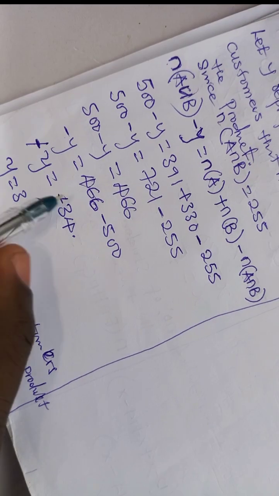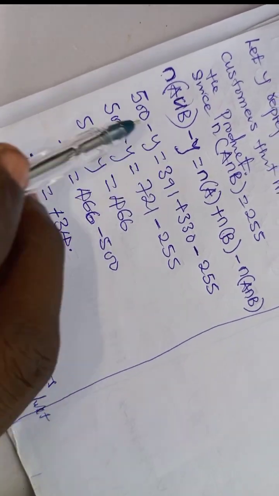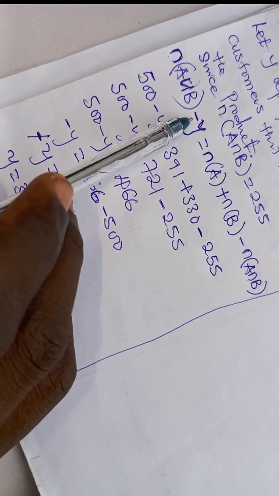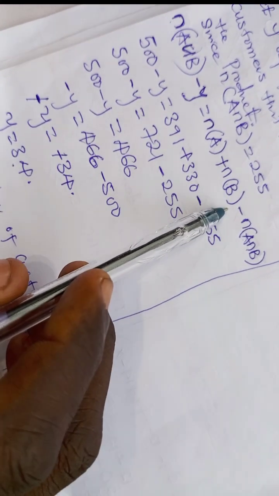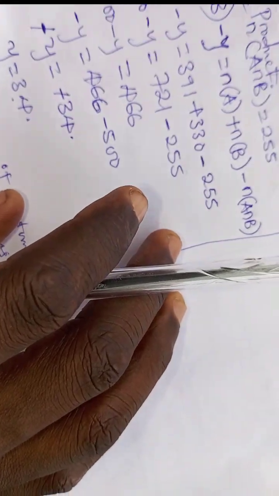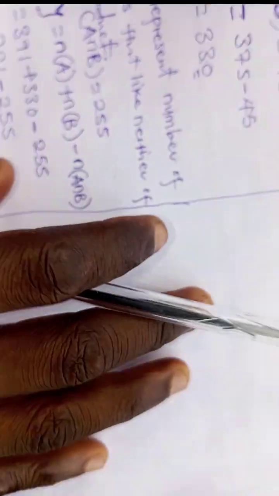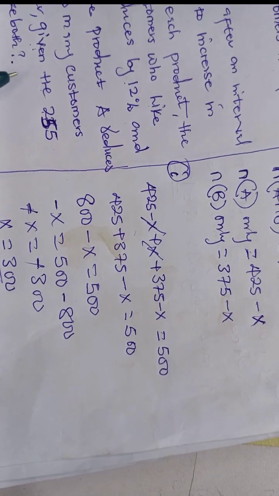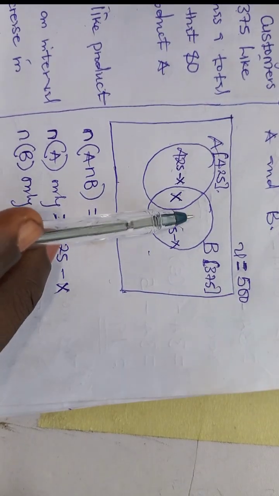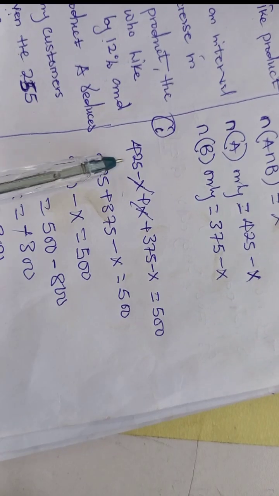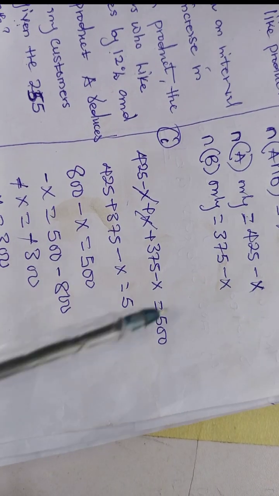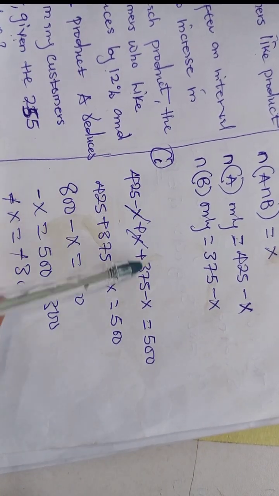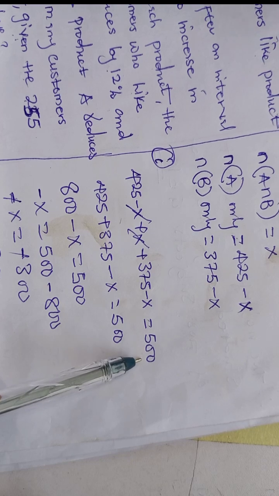So if I substitute the value of y into this generated equation, the left hand side should be able to give me the right hand side. Unlike the initial problem we solved earlier, where we generated an equation with this Venn diagram to be this, it means that if I substitute the value of x at this point, then when I see x there, I should be able to get the universal set.